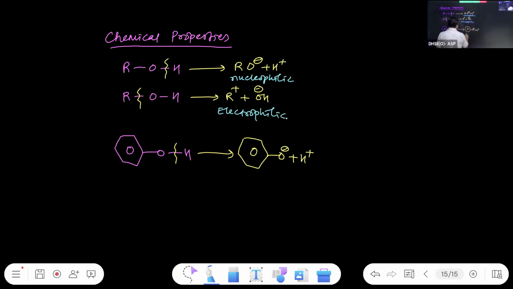But in case of phenol, it is only the nucleophilic nature. Students, note this, just take 2 minutes. Quickly note down. Alcohol can act as electrophile or a nucleophile depending upon the bond cleavage or bond dissociation, whereas phenol can act as only the nucleophile.